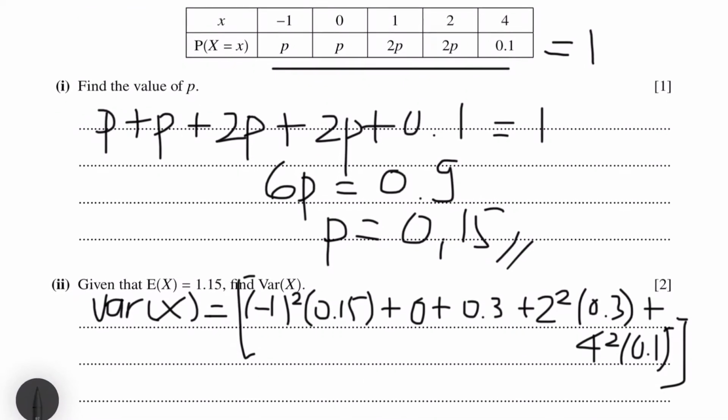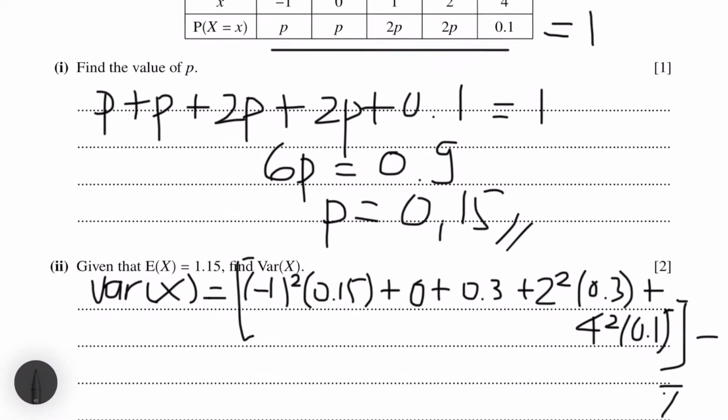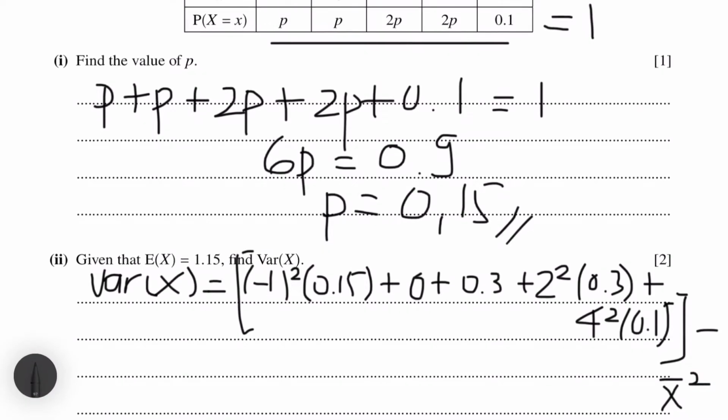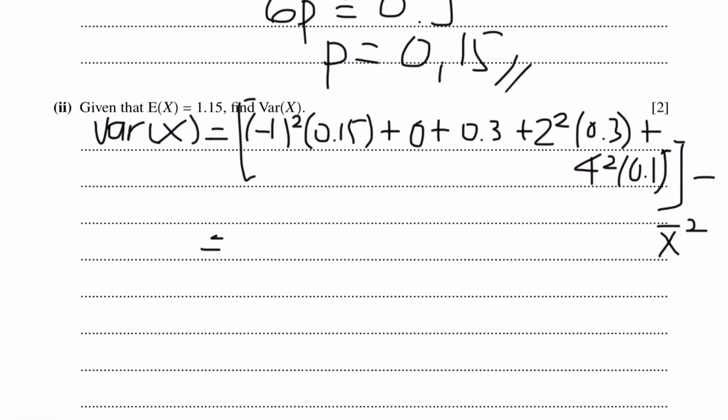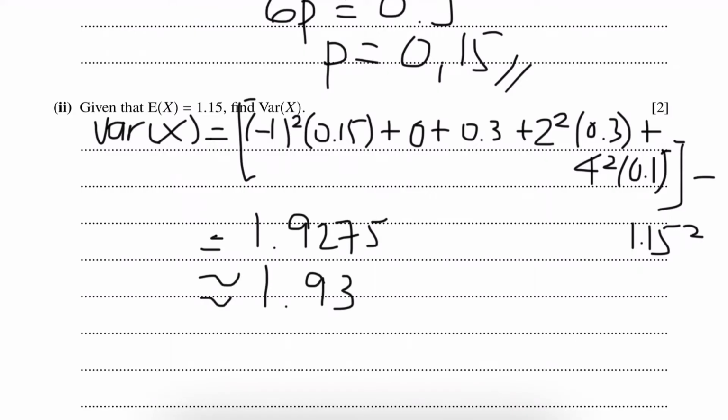And you will subtract the mean square from this value. You will have 1.15 squared for the mean square. And this will give you 1.9275, which is equal to 1.93.